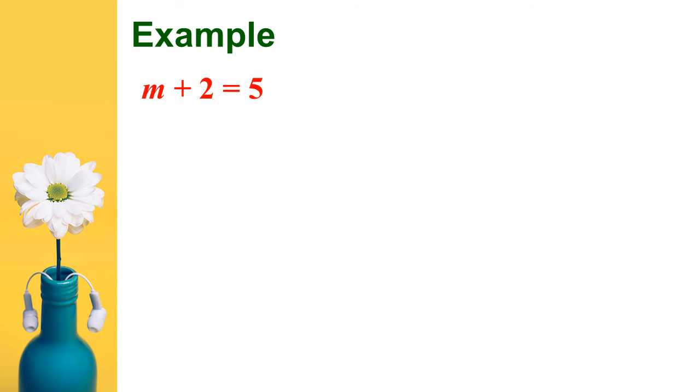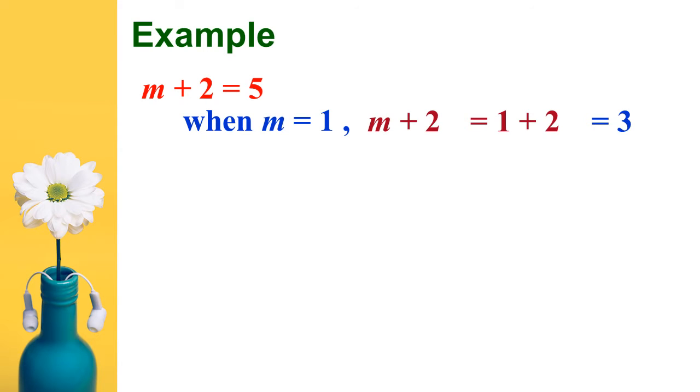Let us substitute the values. First let us take m equal to 1. The left hand side expression is m plus 2. Substituting, we get 1 plus 2, so 1 plus 2 equal to 3. The right hand side value is 5.